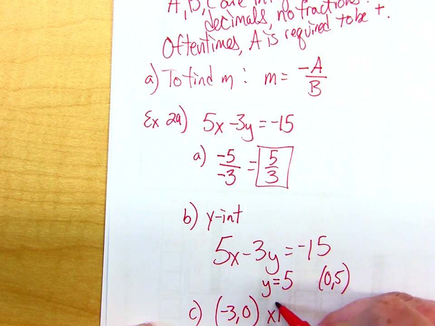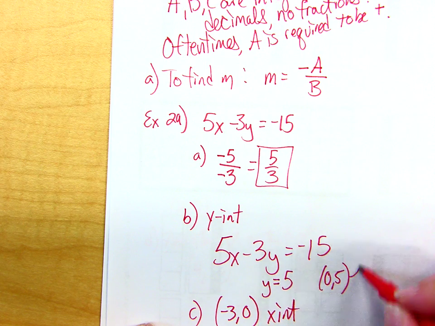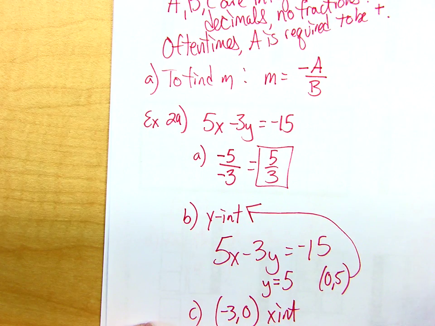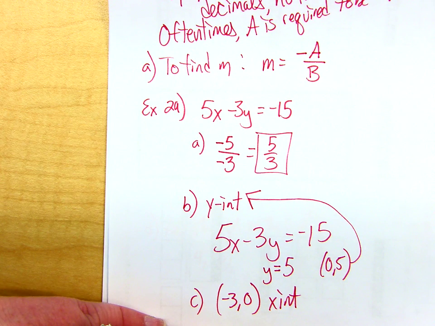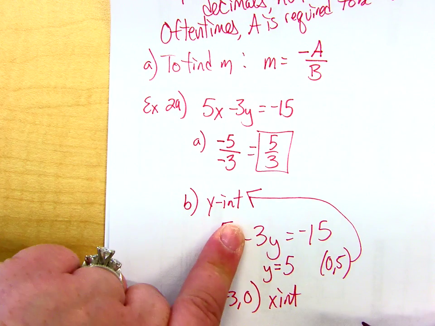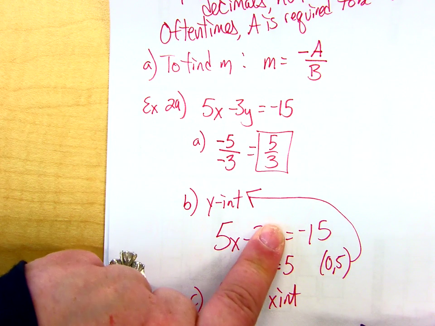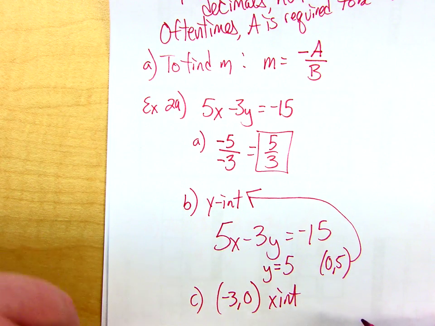And there's my x-intercept. So I have my y-intercept and my x-intercept. So there's a little bit of work to do, but that was pretty easy. You just cover up whatever part you're going to plug the 0 into, and then just solve the remaining equation.